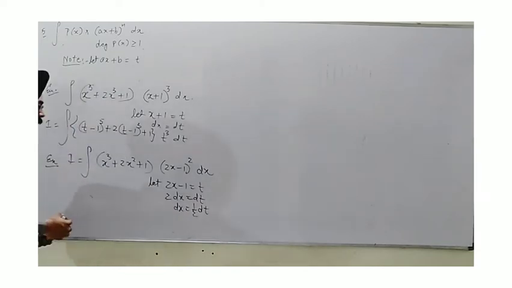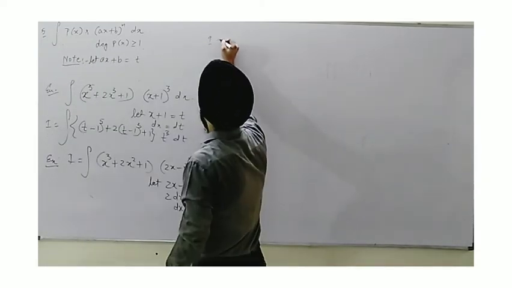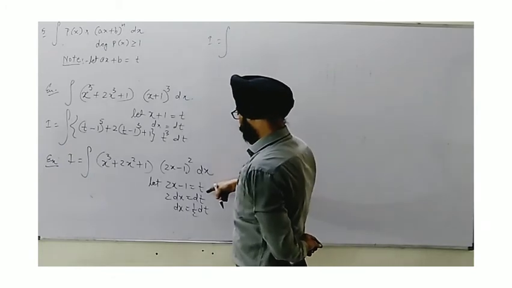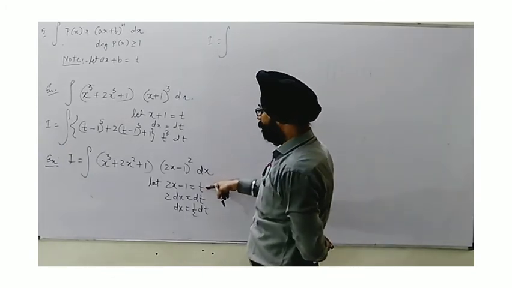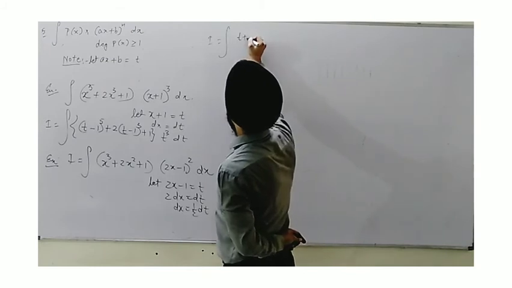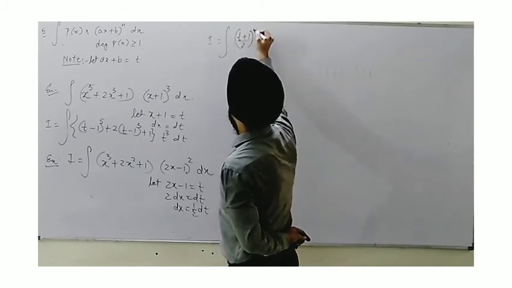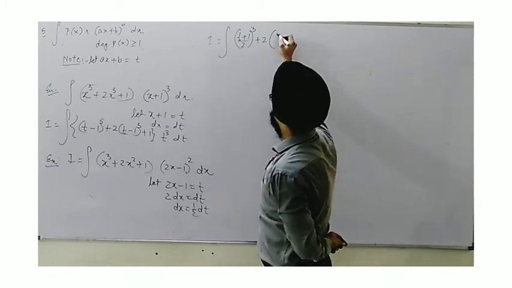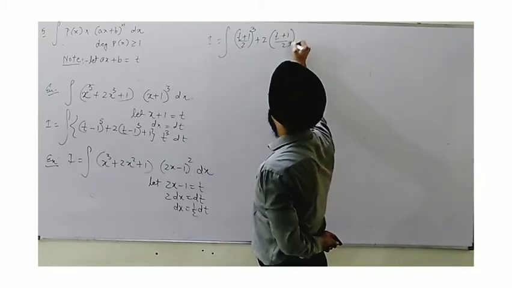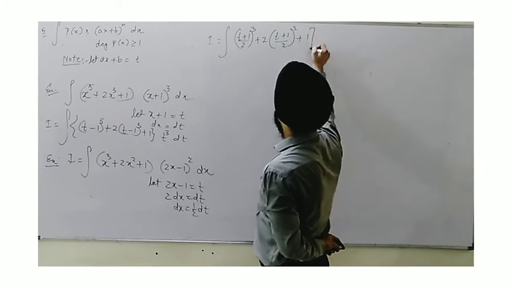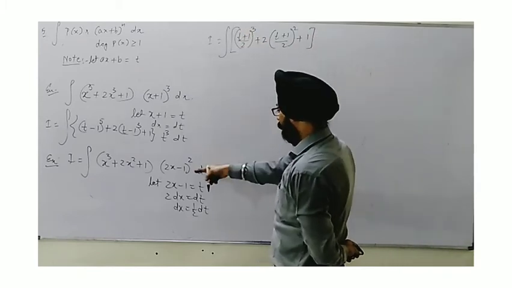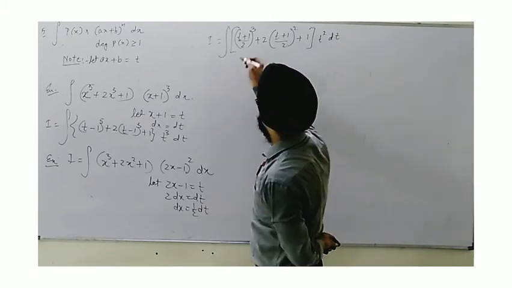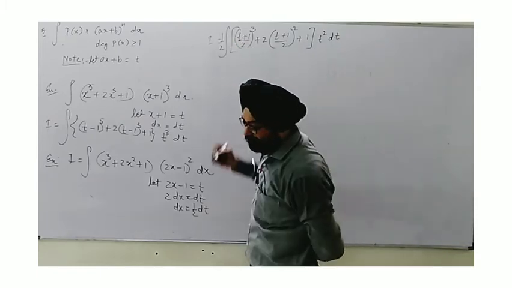Now this integral can be written as I equals the integral of x cube, where x will be replaced by (t plus 1) by 2, so ((t plus 1) by 2) whole cube, plus 2 times x, which is again ((t plus 1) by 2) whole square, plus 1, and (2x minus 1) cube gives t cube dt. This half we can write outside the integral.